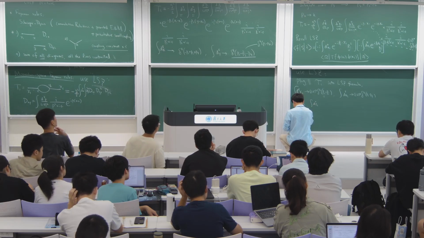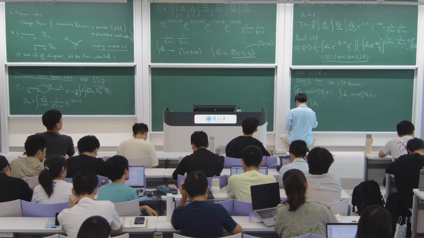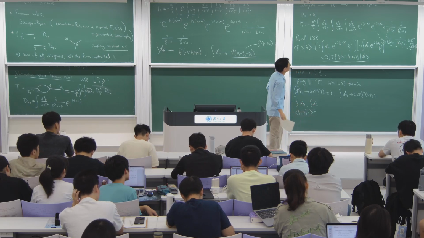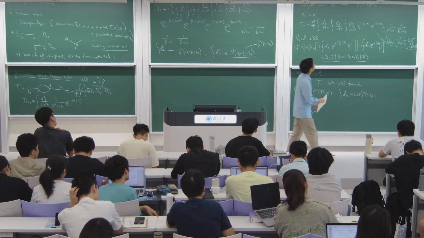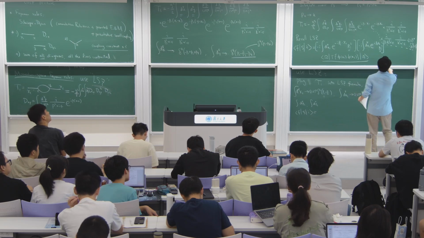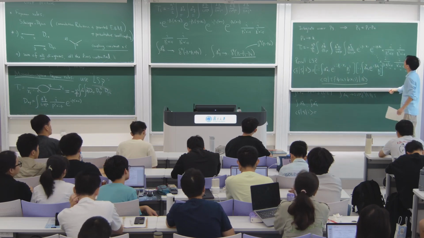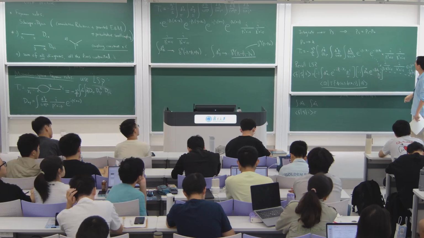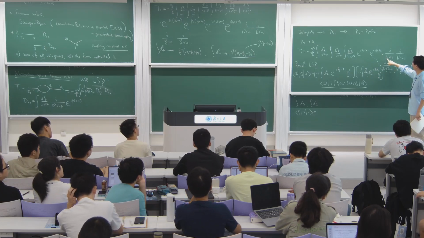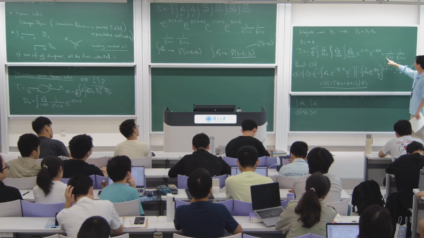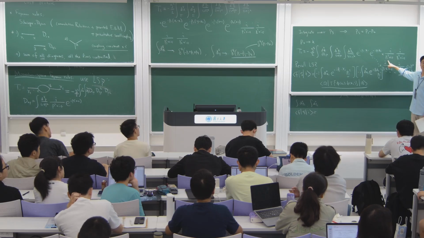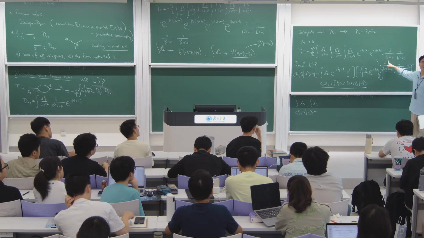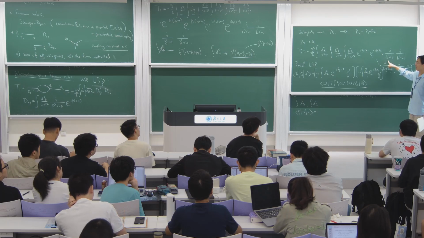Then you get eventually, but there is a small subtlety here. After I perform this p1, p2 integral, I will set this p1 equal to p_i, right? That's good. And if you are a very careful person, you might still worry about this.